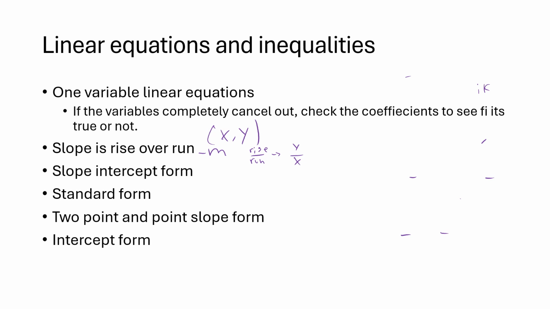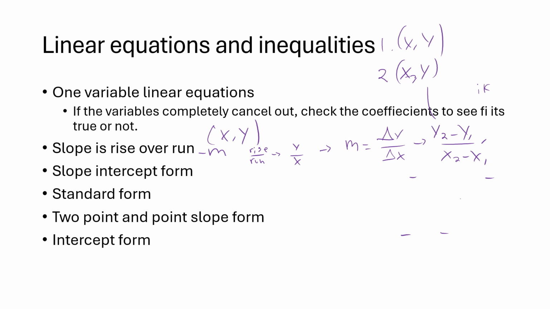Whenever you are trying to find slope, you want to use this formula: m is equal to the difference of y over the difference of x, which is just y2 minus y1 over x2 minus x1, where (x2, y2) is the second point and (x1, y1) is the first point that you use.